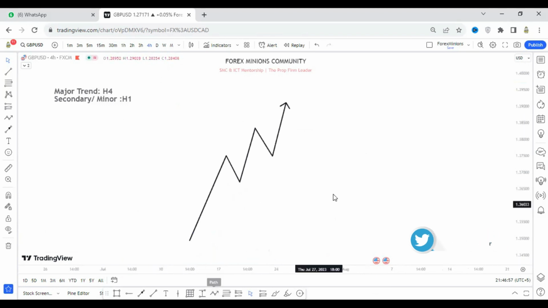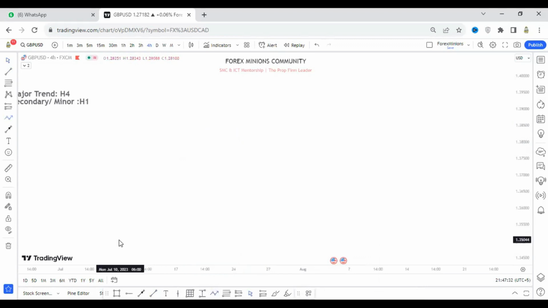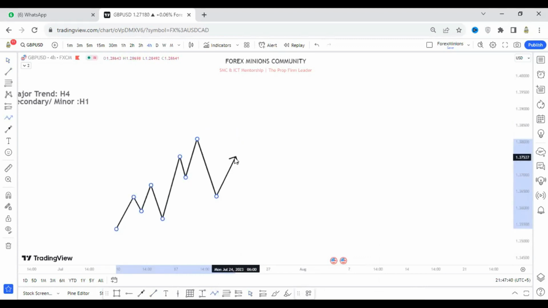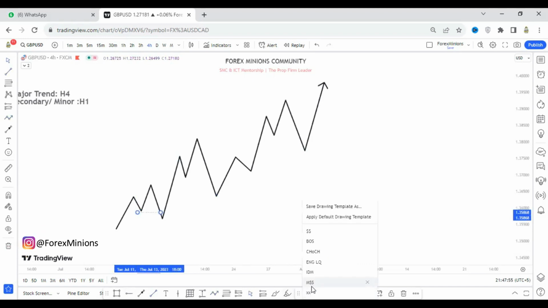Then what would we like to find? Let me draw it properly so that you can understand it really well. So this is a simple schematic diagram and the trend is bullish. Here the market is just taking out the inducement.